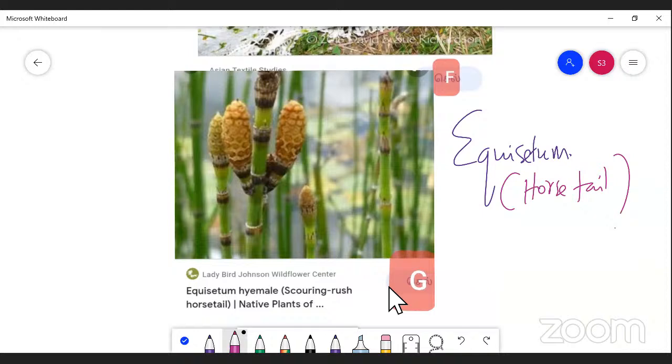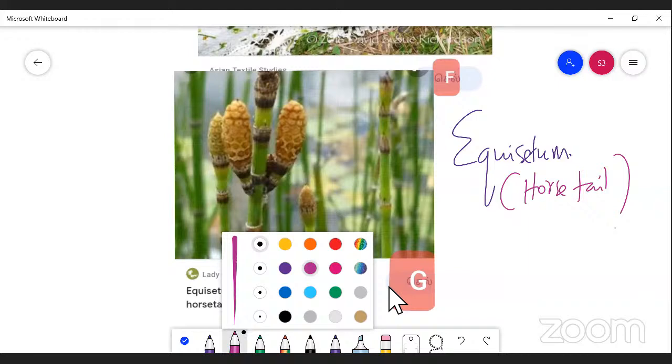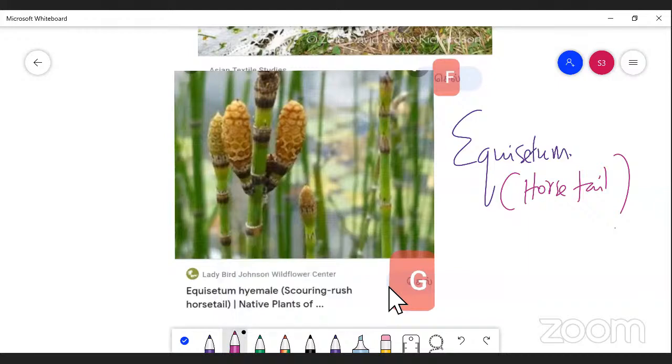It is also used for extraction of scouring, because its stem is used for scouring purposes. So this is the economic importance of Equisetum, horse tail.